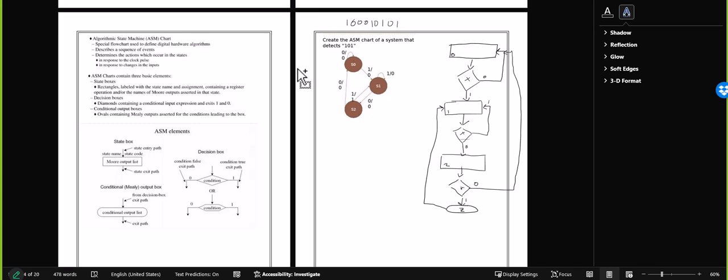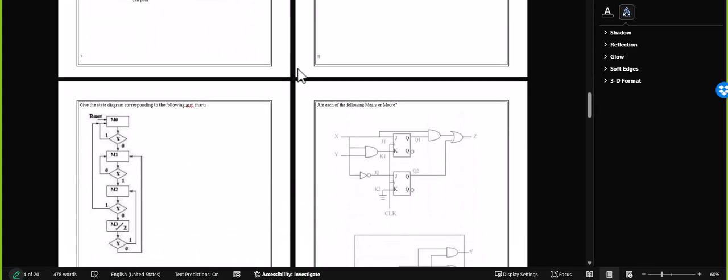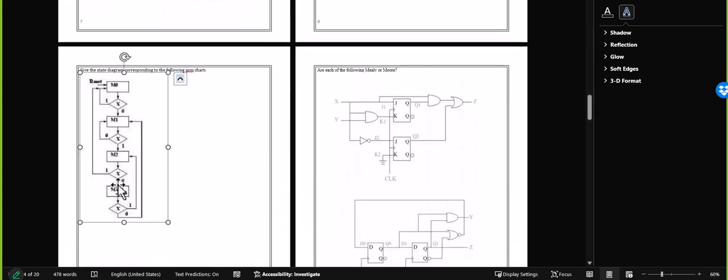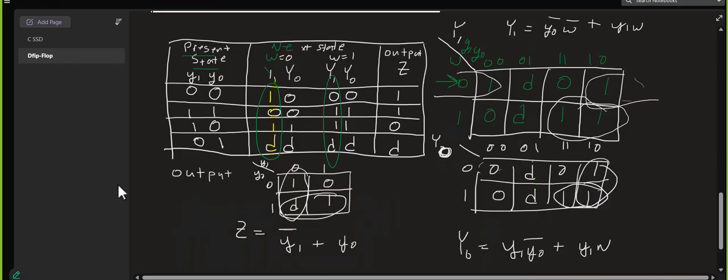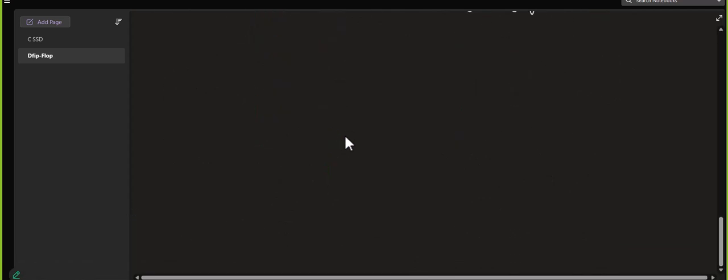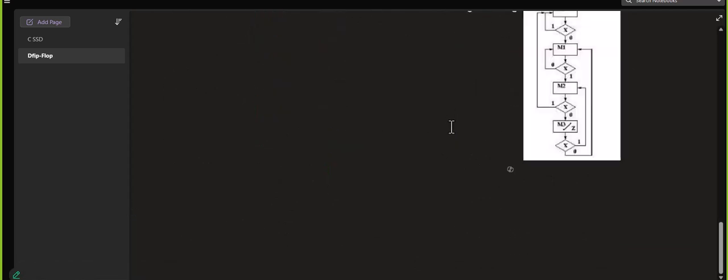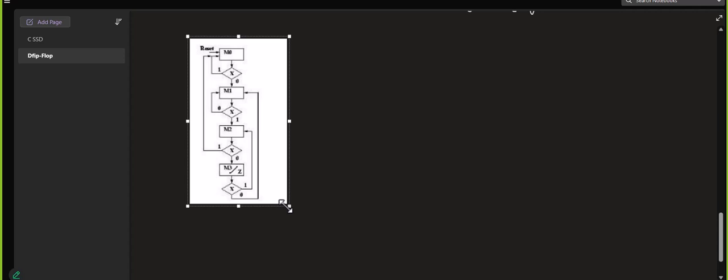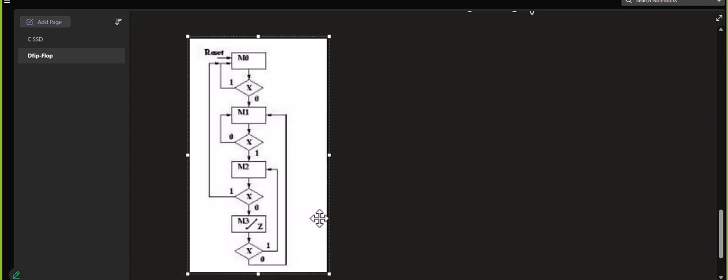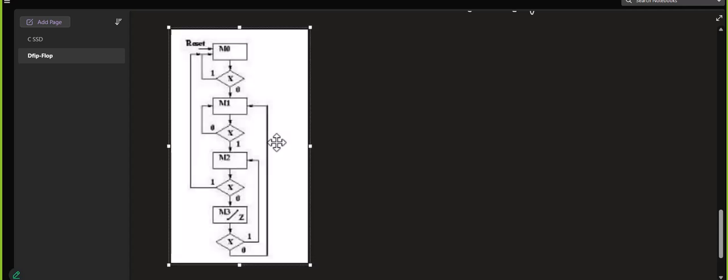Okay, so let's try this one out. And does the Z have any sort of multiplication?